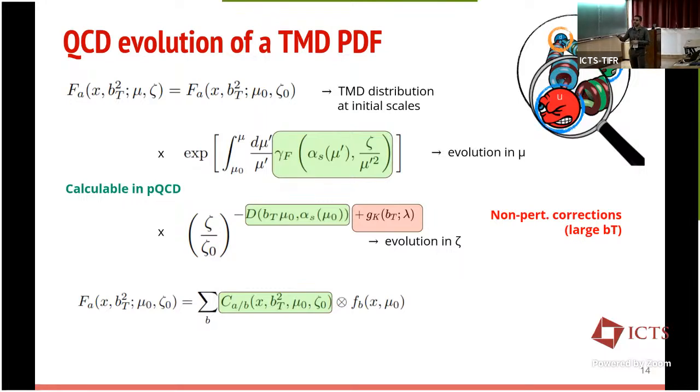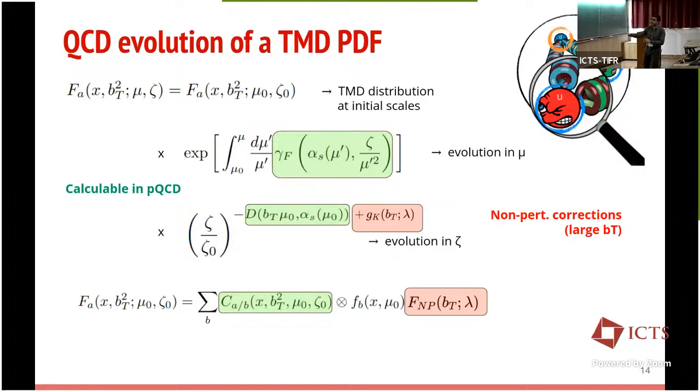If you have a T-odd TMD PDF, here you will have higher twist collinear parton distribution functions, but I don't want to dig into it. What I want you to remember is that TMD PDFs are related to collinear PDFs in this scheme.